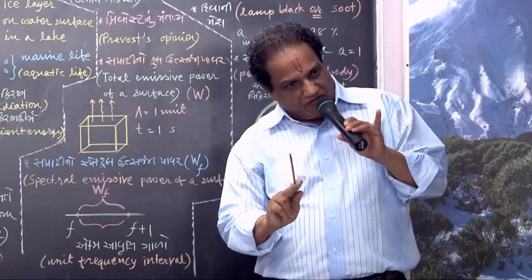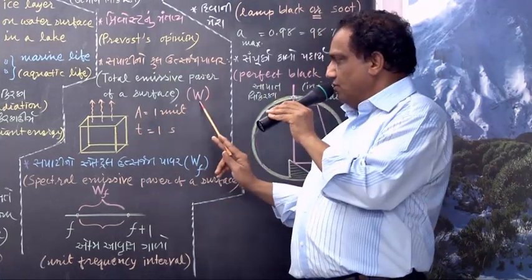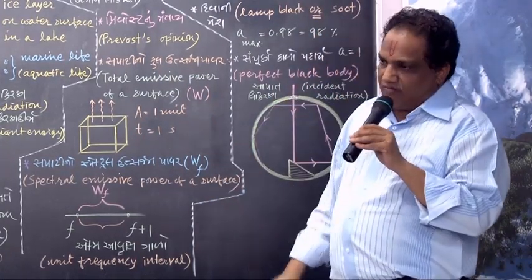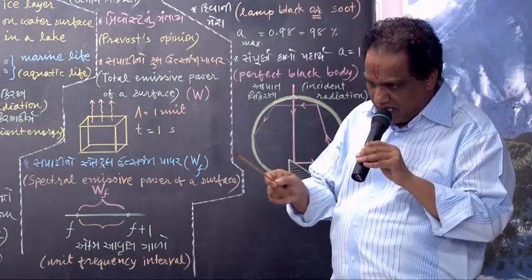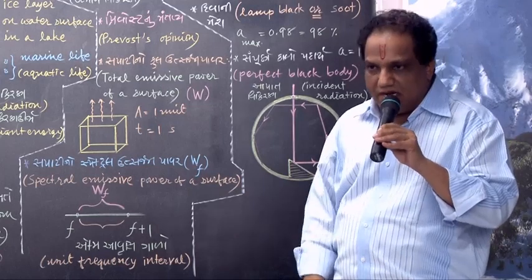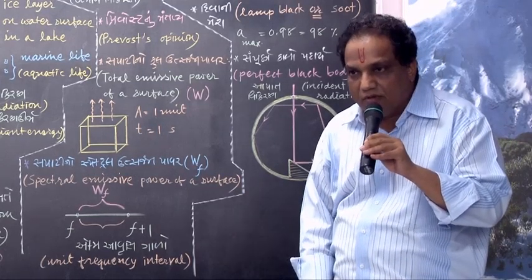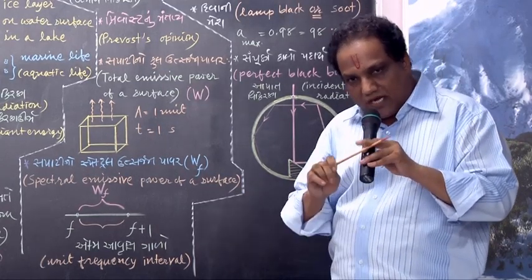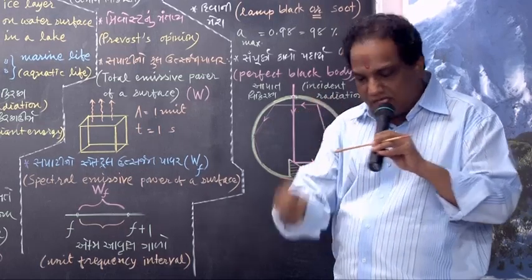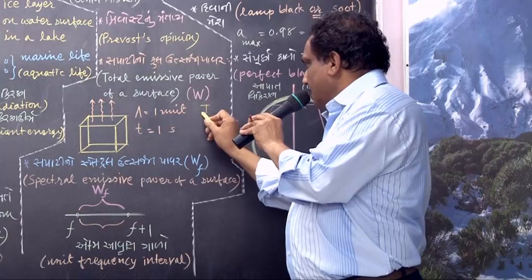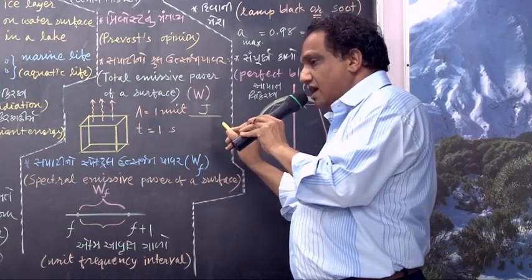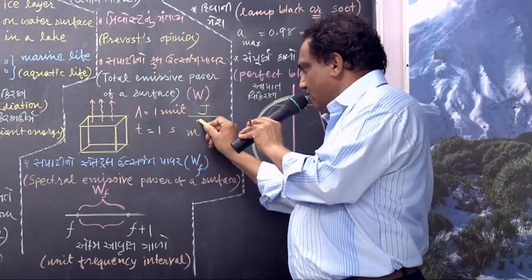If you understood the definition, tell me what is the unit of W. Radiant energy emitted from unit area in unit time. Ultimately it is energy, right? What is the unit of energy? Joule. And per unit area, I should divide by the unit of area.